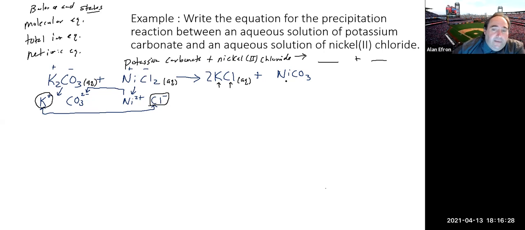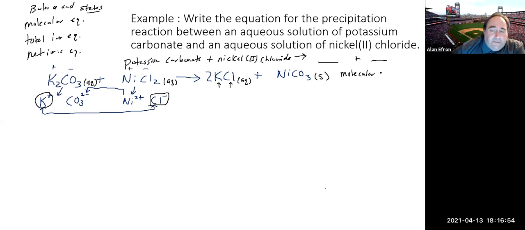When I come over to my nickel 2 carbonate, carbonates are insoluble except for a few group 1s, which in this case it is not group 1. And that means this guy is going to be insoluble and the solid here. Any questions on how I got to my states?